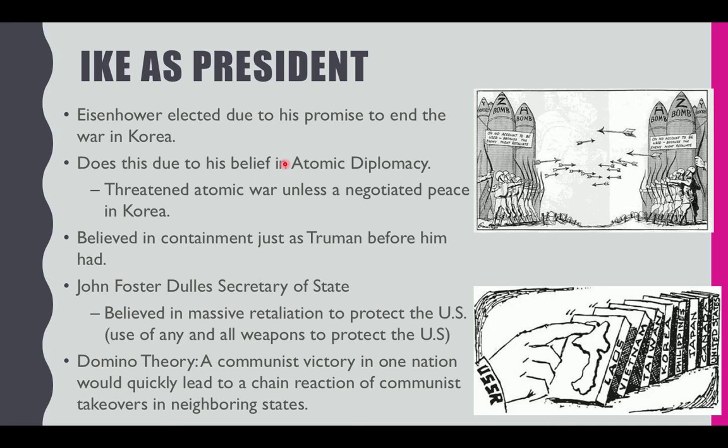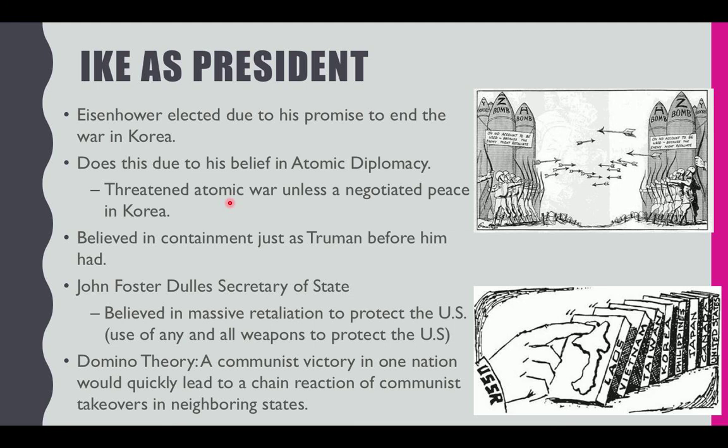So how was Eisenhower, or Ike as they used to call him, as president? Well, when he wins the presidency, he won mainly because he promised to end the war in Korea. He does this with what he calls atomic diplomacy. We now have atomic weaponry.